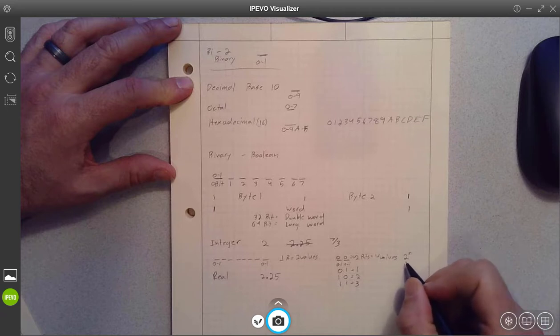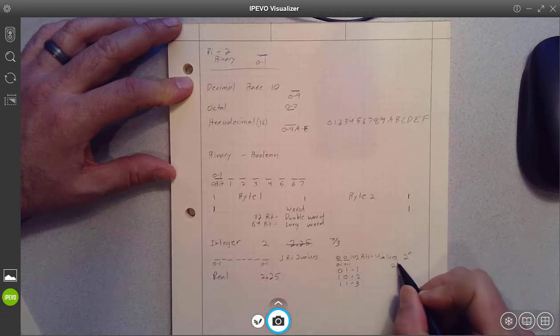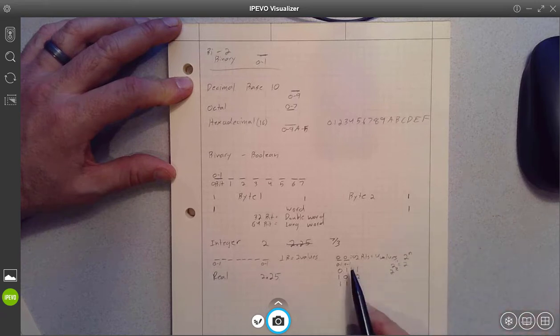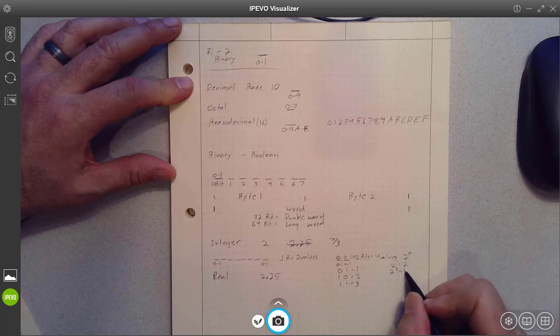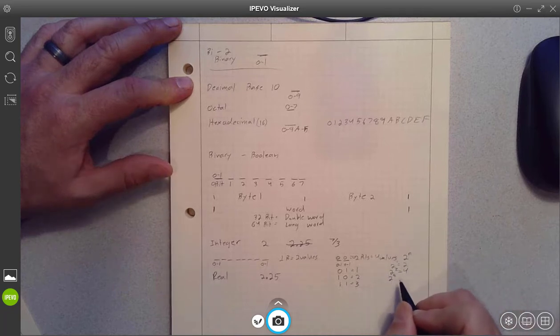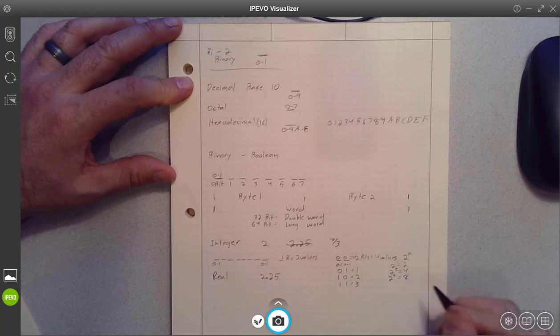So let's just write that down. 2 to the 1 equals 2, and then 2 to the 2, if you have 2 bits available, that's going to be 4 potential values. Continuing on, 2 to the 3, 2 times 2 times 2, you get the idea. There you would get 8 potential values.